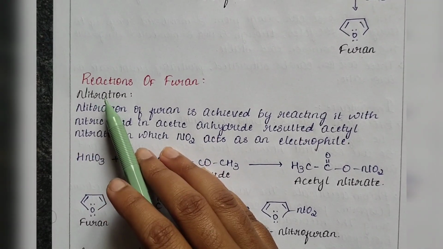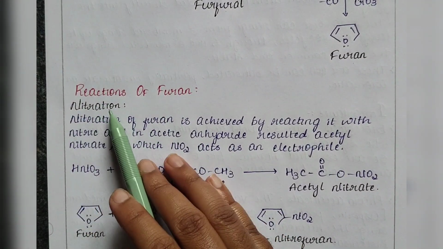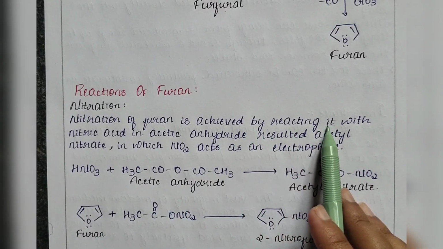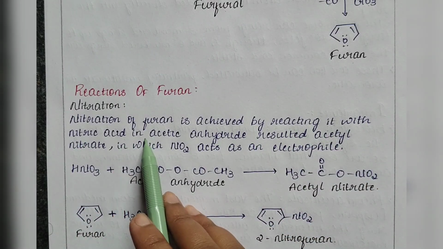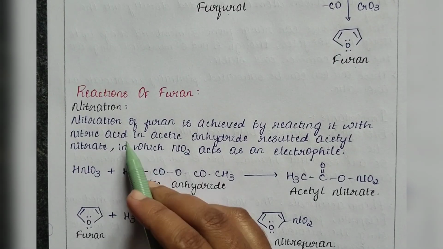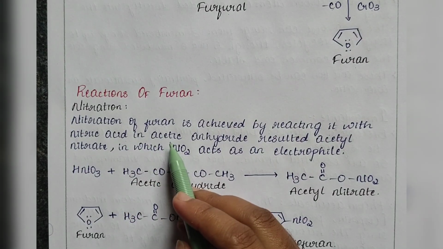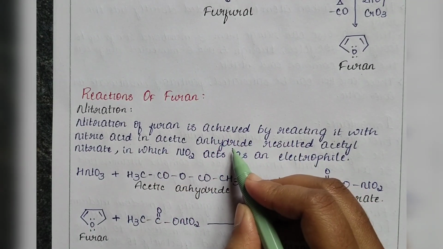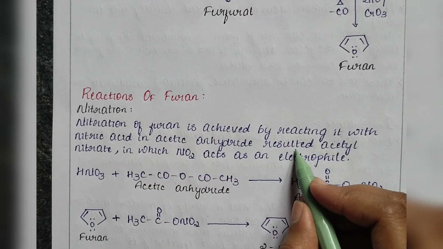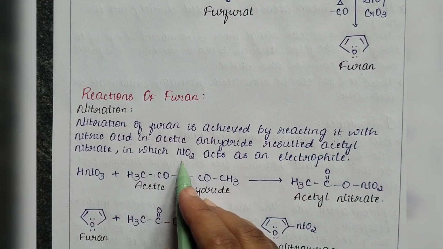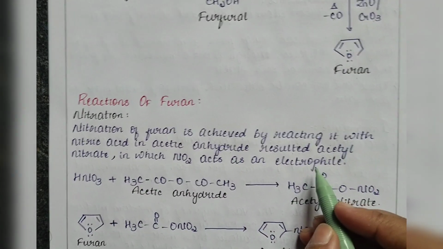Now we'll see some reactions of furan. The first one is nitration. Nitration of furan is achieved by reacting furan with nitric acid in acetic anhydride, resulting in acetyl nitrate in which nitrogen dioxide acts as an electrophile.